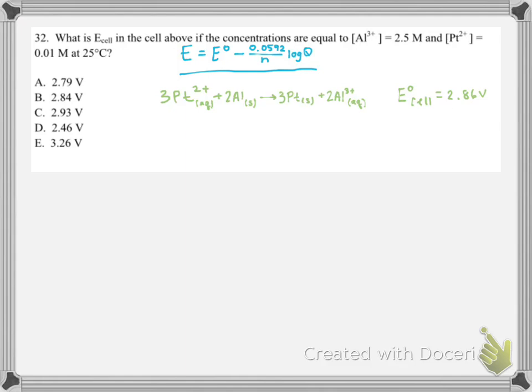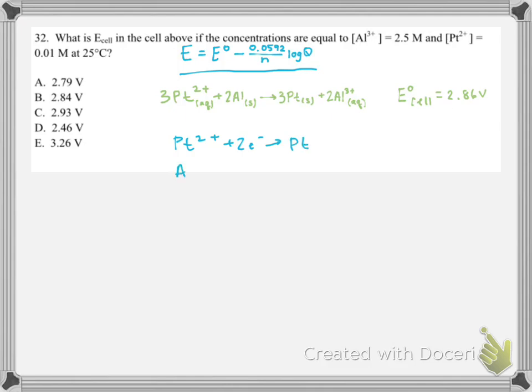And so we know what the E naught is. Figured that out in the last problem. And we can use those half reactions to figure out what n is here. So this is a bit of a tricky one because it's not as clear as others. But we have Pt2+ with 2 electrons forming solid platinum.